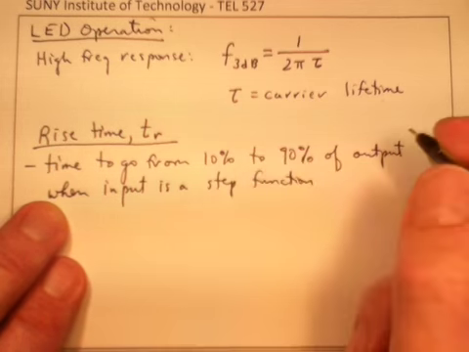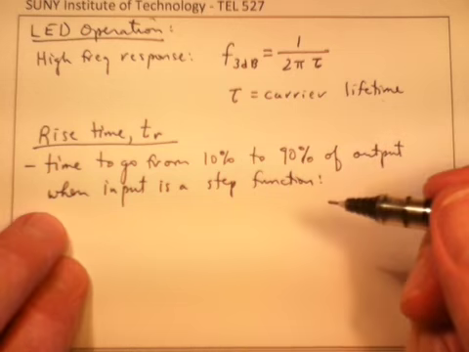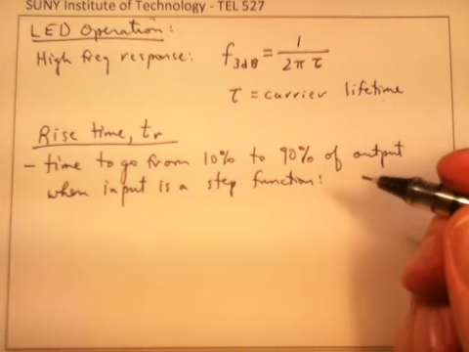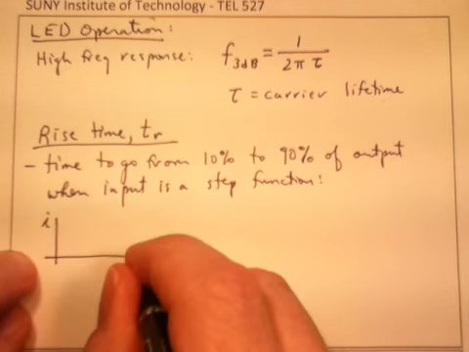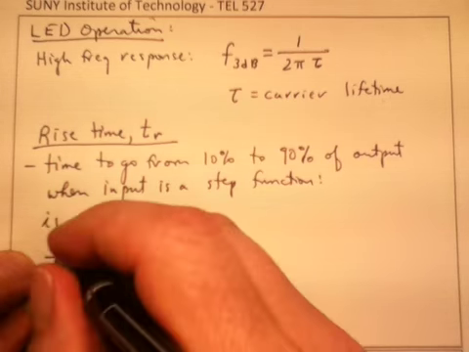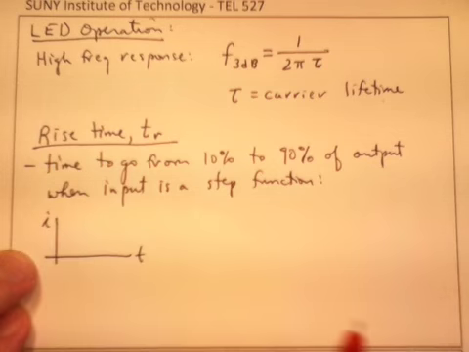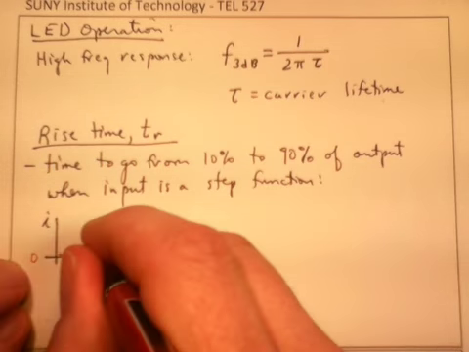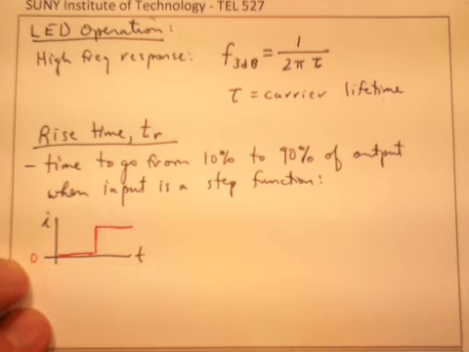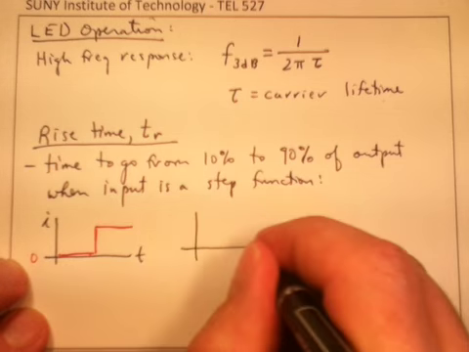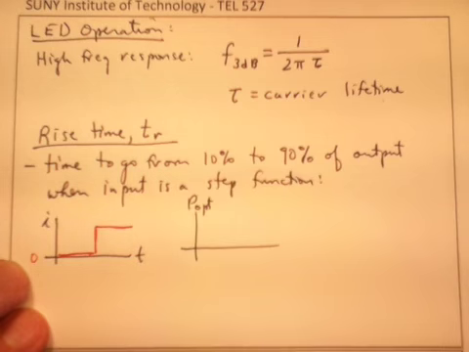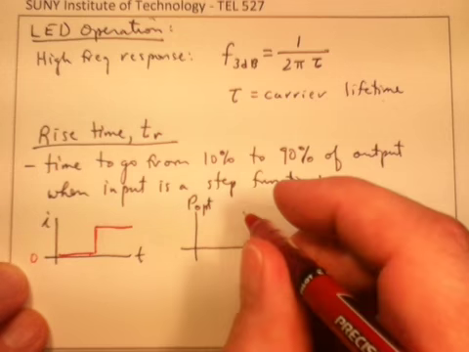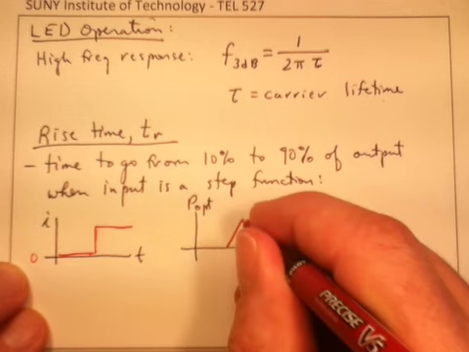This is the picture in figure 6.9 of your book. We're going to have I, the drive current as a function of T, go from 0 to some value instantaneously, and our P optical, our output, instead of responding instantaneously, responds something like this.